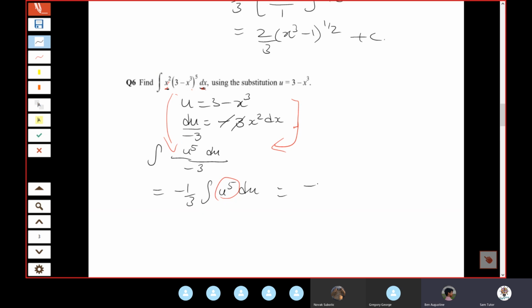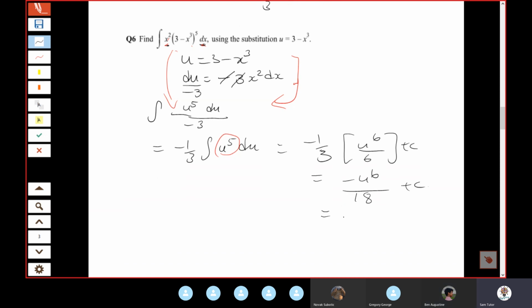We'll finish it off. Negative a third, that becomes u to the power of 6 over 6, plus c, negative u to the power of 6 on 18, plus c. U is 3 take away x cubed, so negative 3 take away x cubed to the power of 6 on 18 plus c.